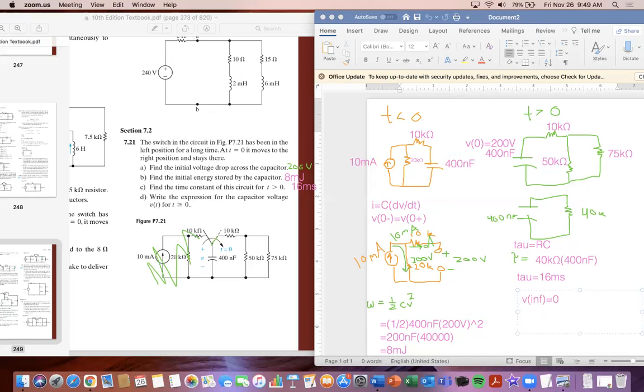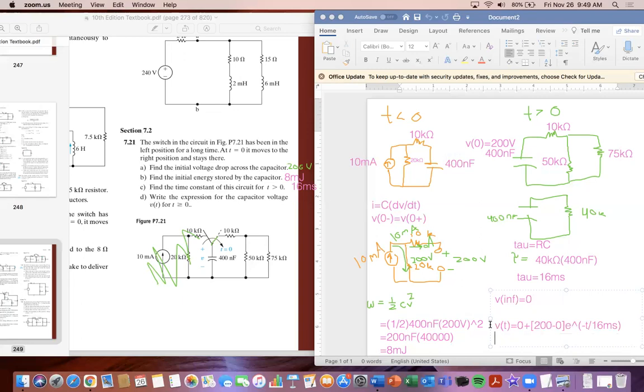Okay, remember my equation. If we want to solve for it, it's going to be the final value, which is 0, plus the initial value, which was 200 minus the final, and then times e to the negative t divided by tau. And we calculated tau 16 milliseconds. Okay, yay, we got all that information.